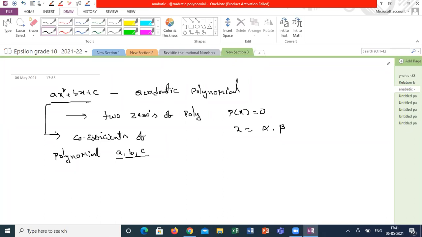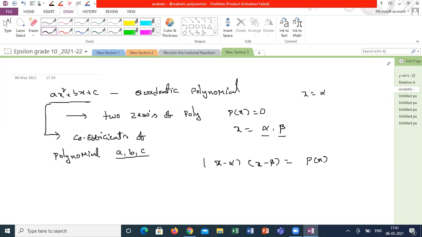A, b, c are the coefficients of the polynomial. Alpha and beta are the quadratic zeros of the polynomial. How can I relate these? If alpha and beta are the zeros of the polynomial, how can I say x minus alpha into x minus beta should be equal to p of x?